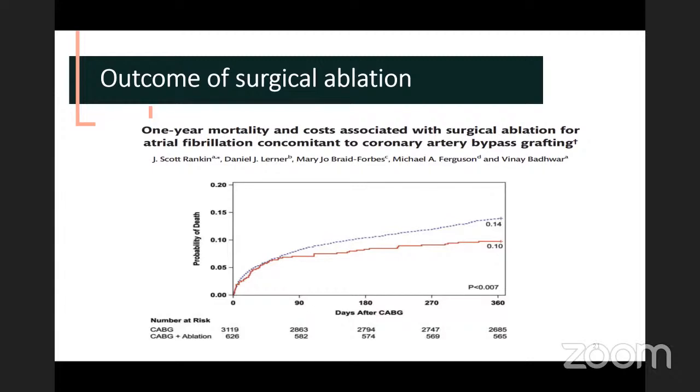They followed them for around 1 year, and they found that the probability of death was significantly higher in the group who received CABG alone in comparison to the group who received CABG and surgical ablation, showing that restoring sinus rhythm did improve patient survival without adding any significant morbidity or mortality in the CABG and surgical ablation group.